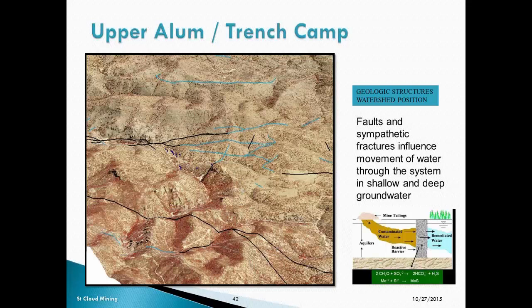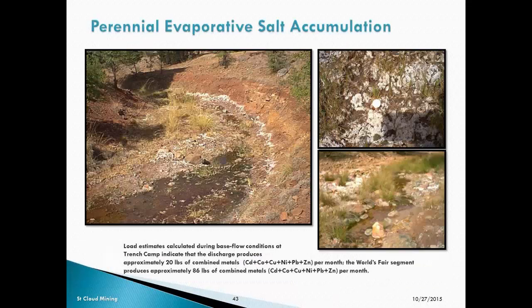We couldn't do anything, of course, about the groundwater below. The contaminants express themselves as salts that would dry out when the water level got low, and when the water level got high again, immediately dissolve and load up the stream. And you saw these metal salt deposits all through the area. Basically, what we had to deal with was about 86 pounds of combined metals coming downstream each month, and could we make an impact on that?